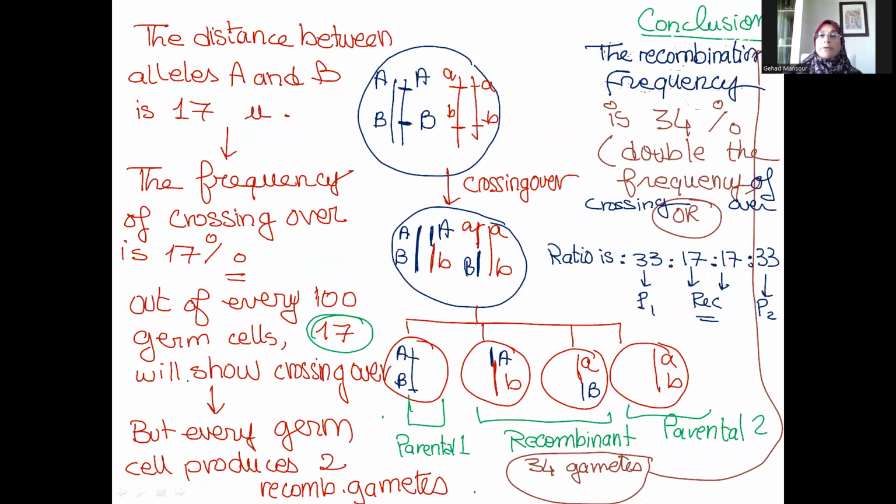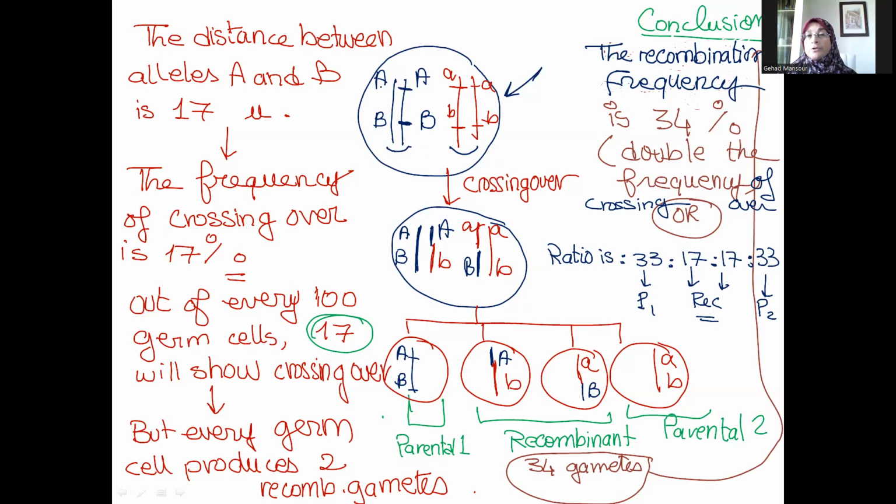Now, coming back to the frequency of crossing over, if we visualize a mother cell or a parent cell or a germ cell during metaphase of meiosis 1, meaning that it is visualized during metaphase 1. So we have the two sister chromatids of the paternal chromosome and the two sister chromatids of the maternal chromosome. So synapsis has occurred, and we can visualize a tetrad.